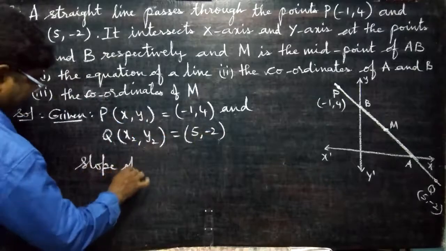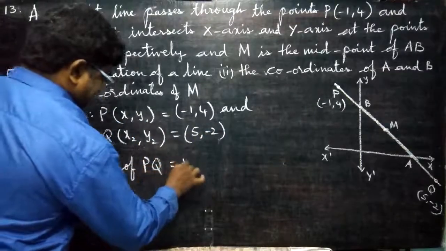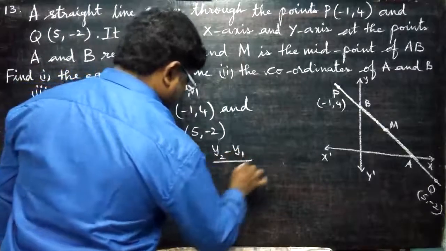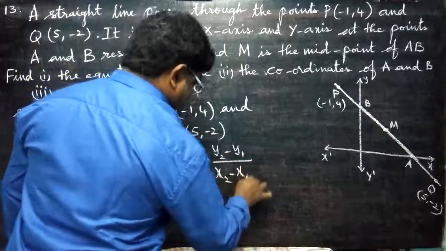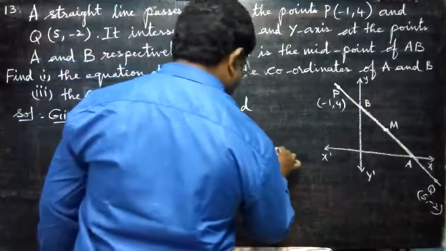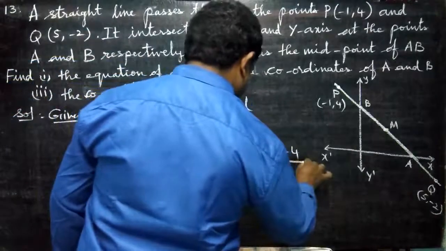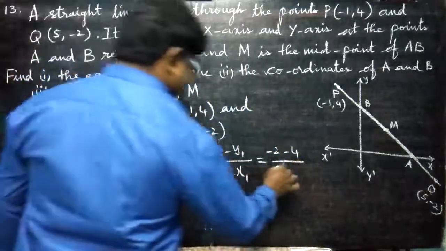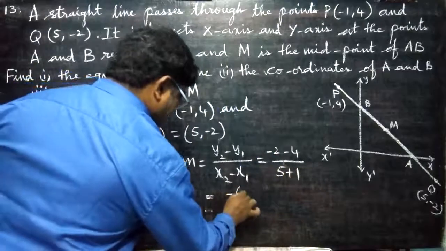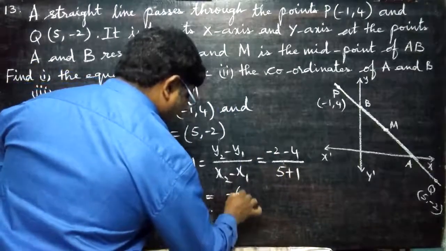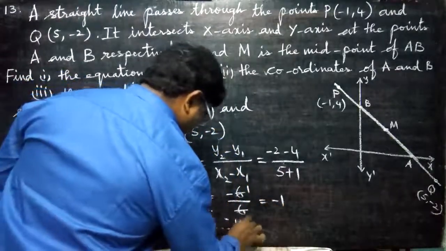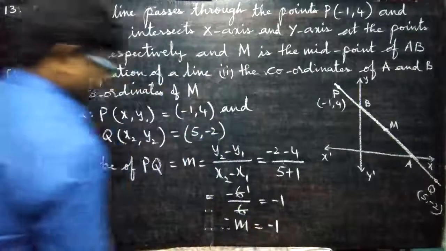Slope of PQ we represent as M. y2 minus y1 by x2 minus x1, that is equal to (-2 minus 4) by (5 plus 1), that is equal to -6 by 6. One time, so -1. Therefore, M is equal to -1.